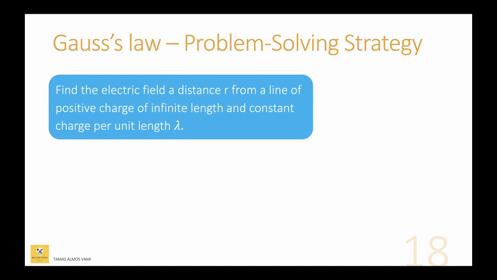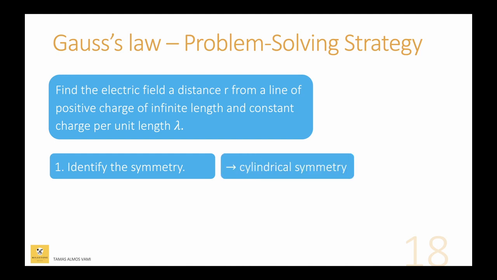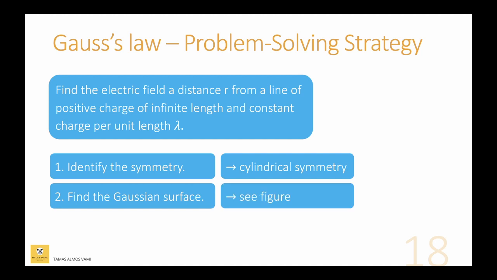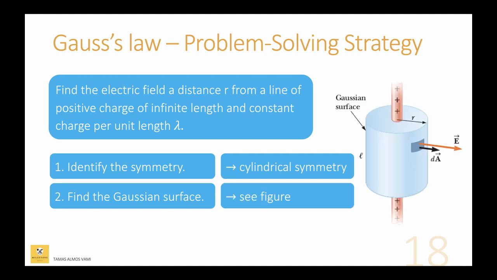So we know the charges, and we are interested in the electric field. Let's identify the symmetry first. It's a line, so it will have a cylindrical symmetry, and then we are looking for the Gaussian surface.